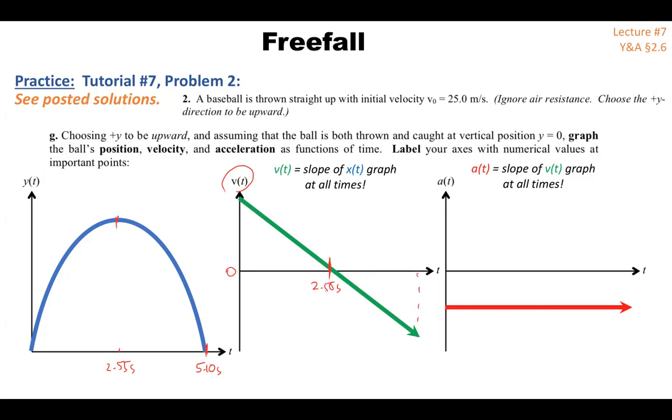And by symmetry, when the ball passes its starting position, its velocity should be exactly the opposite. Instead of 25 meters per second, it should be negative 25 meters per second. The maximum height reached was 31.9 meters. And finally, the value of the acceleration is negative g.